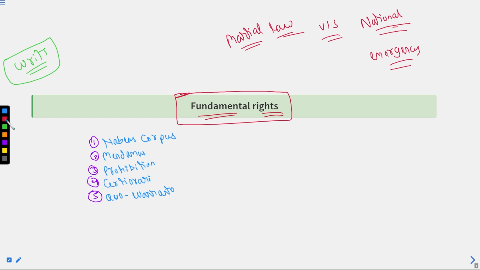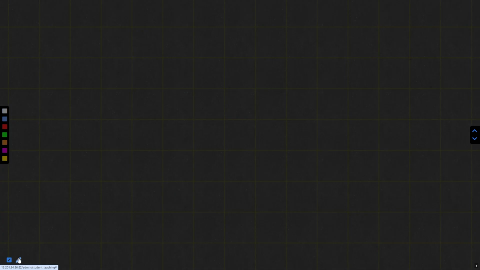So we have discussed these writs in the proper manner.